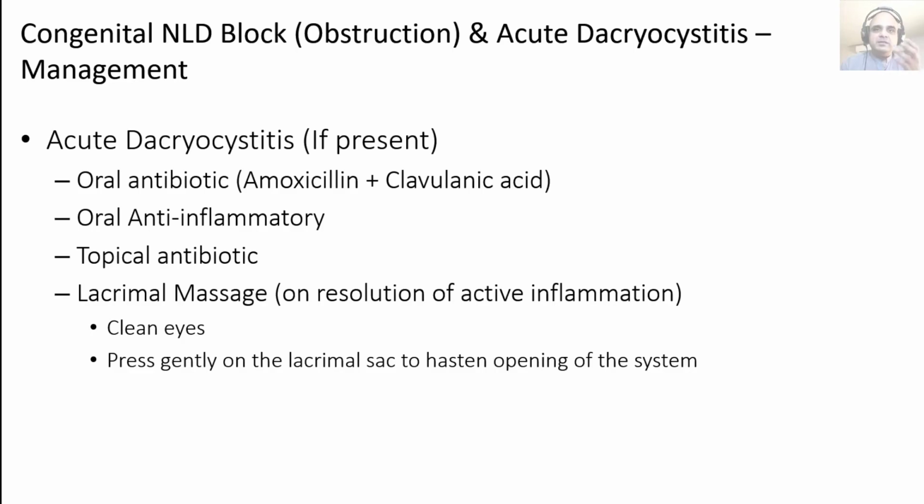Amoxicillin with clavulanic acid is something you can control a staph infection with, together with a non-steroidal anti-inflammatory syrup, something like Brufen. You can also give a topical antibiotic to prevent a conjunctivitis together with the dacryocystitis, and most of the time they do tend to occur together. And once the eye is okay and the inflammation has resolved, you continue massage and clean the eyes, again following the same process as before to hasten the opening of the system.